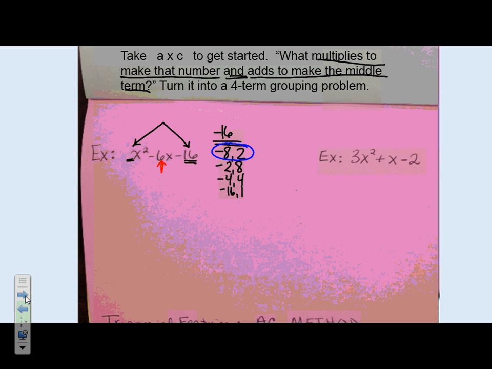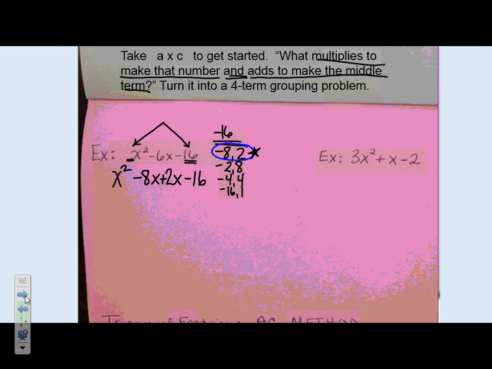What that means is this trinomial, this 3-term expression, can be rewritten as a 4-term problem. If we keep the x squared and we keep the negative 16, but we rewrite that middle term as something that's equivalent, the negative 8x and the positive 2x, negative 8 and positive 2, remember, coming from our list.